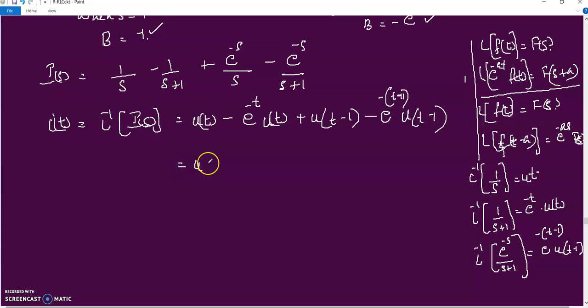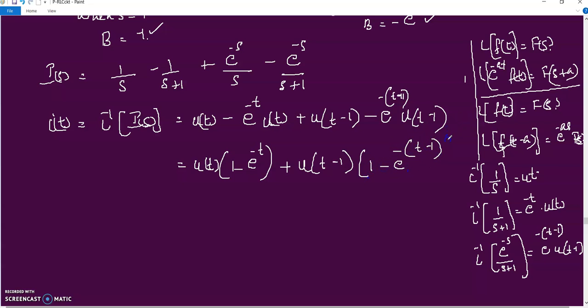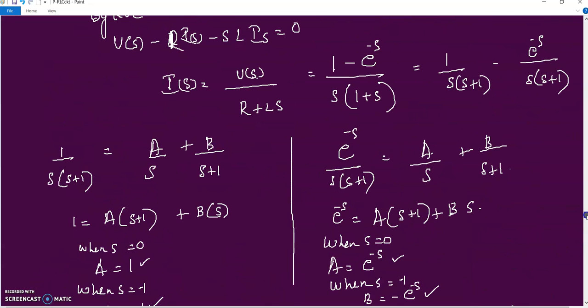So here we can take the common u(t) into 1 minus e raised to minus t plus u(t minus 1) into 1 minus e raised to minus (t minus 1). I think we missed a minus sign because it is minus here.